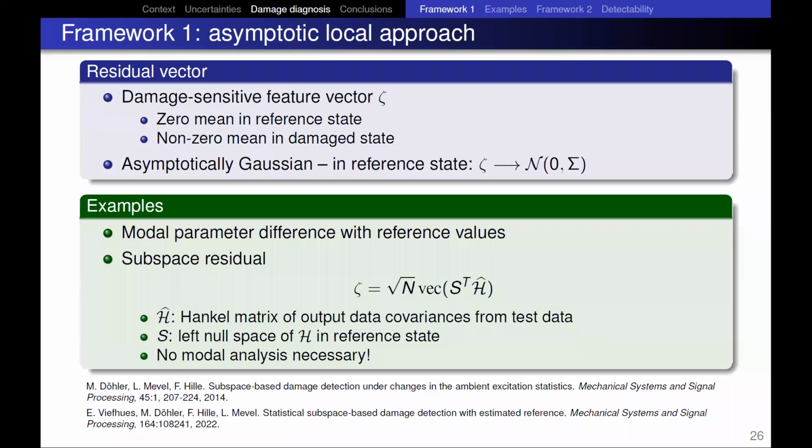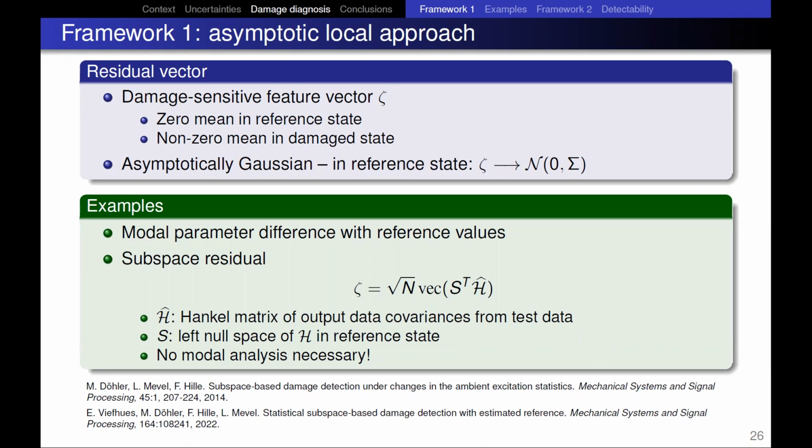Examples: we can take a modal parameter difference between the current state and the reference state. We have seen that they are Gaussian, so that can work as a residual. And when we talk about subspace identification, we can go a step back and define a residual directly on the subspace properties of our anchored matrix H that we have seen at the beginning, which is filled with the output covariances of the data, because this matrix contains the dynamic properties of the system in condensed form.